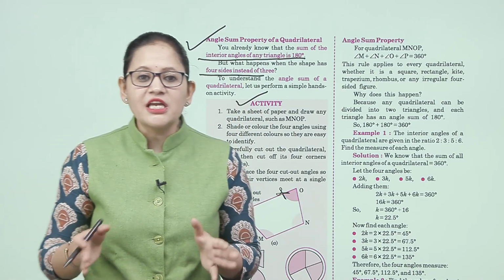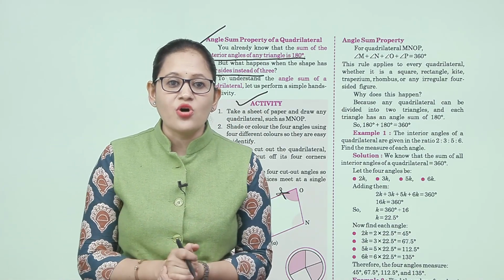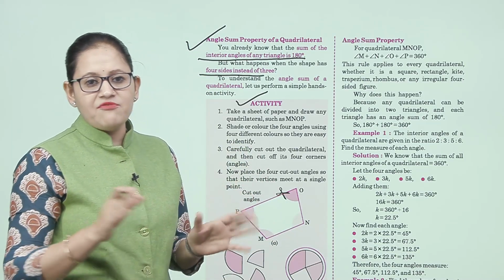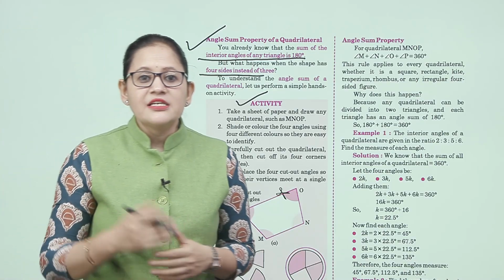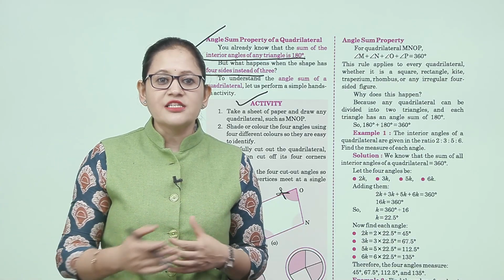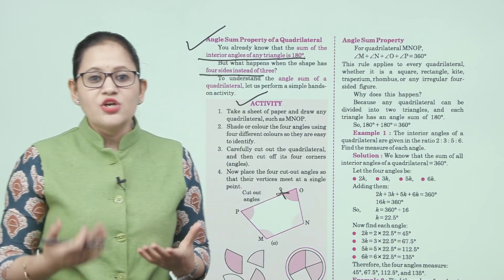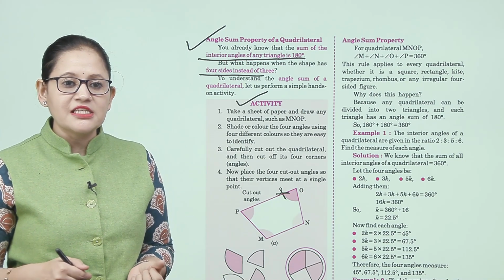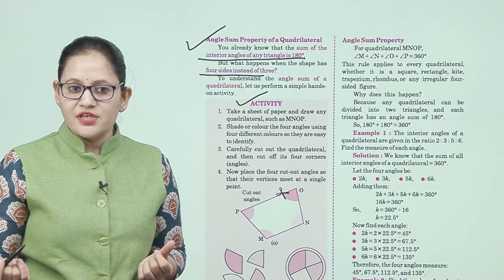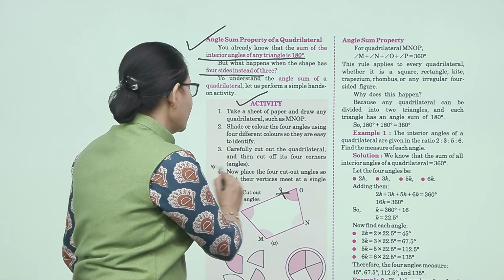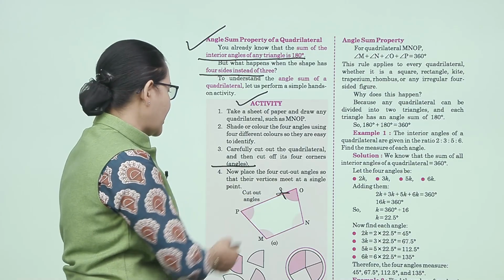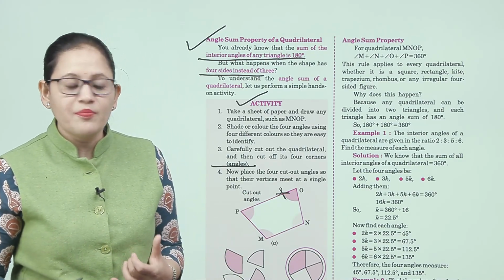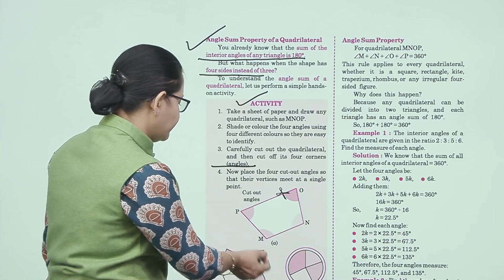Here we have to take a sheet of paper and draw any quadrilateral, such as MNOP. Shade the 4 angles using 4 different colors so that they are easy to identify. Now carefully cut out the quadrilateral and then cut its 4 corners, meaning the 4 angles. Now place the 4 cutout angles so that their vertices meet at a single point.